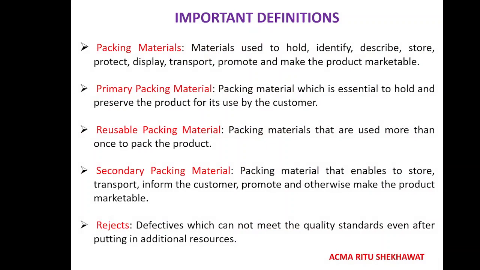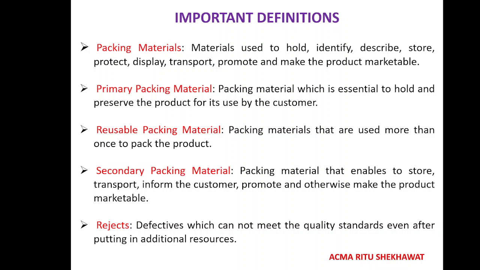An important definition: what is packing material? Packing material is used to hold, identify, describe, store, protect, display, transport, promote and make the product marketable. Primary packing material, as I said, holds the product and is necessary. For example, toothpaste. You cannot take toothpaste in a loose form.